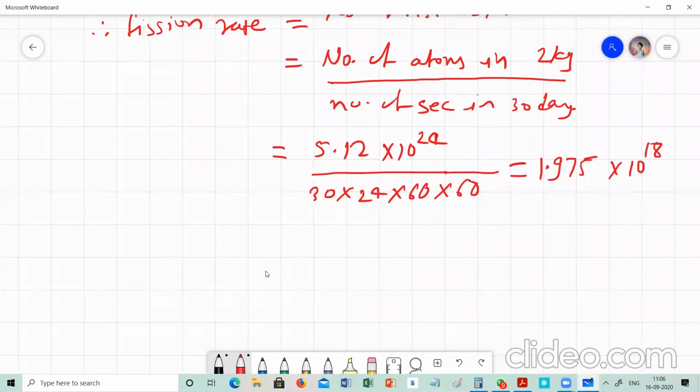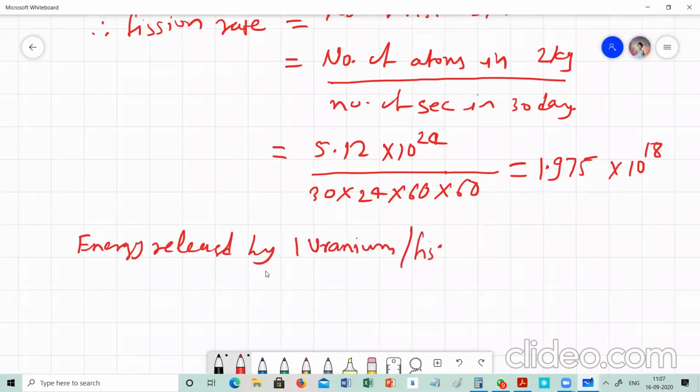Yes, sir. But the energy released by one uranium per fission is equal to 200 mega electron volt, which is equal to 200 into 10 raised to 6 electron volt.